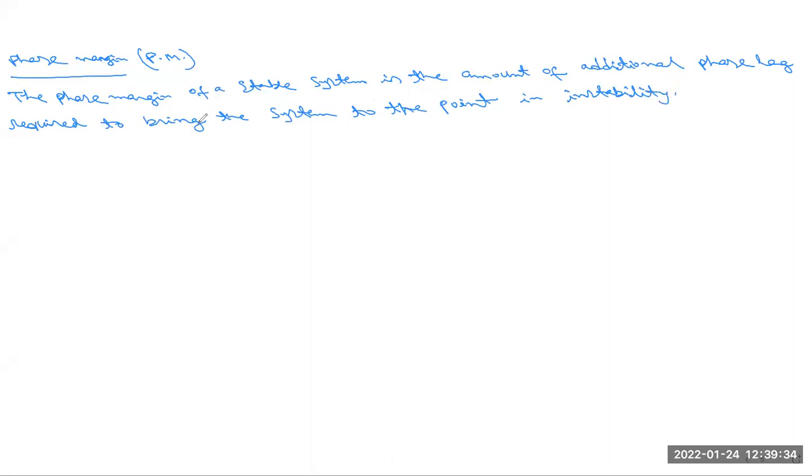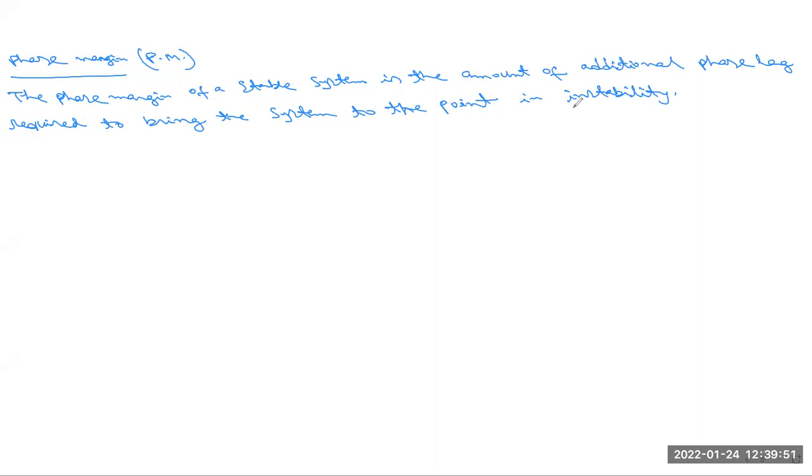So this is basically one sentence that is the definition of the phase margin. The phase margin of a stable system is the amount of the additional phase lag required to bring the system to the point of instability.